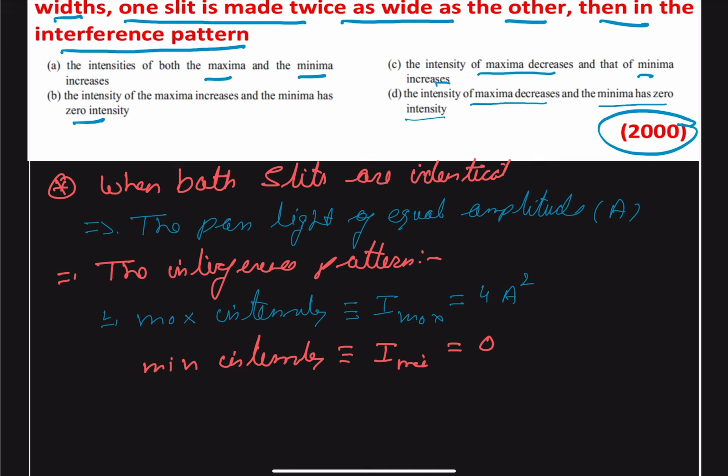Now we come to the given question that one slit is made twice as wide as other.